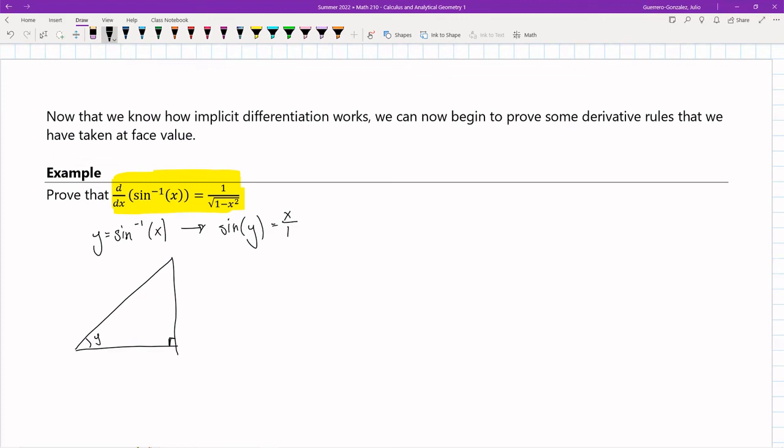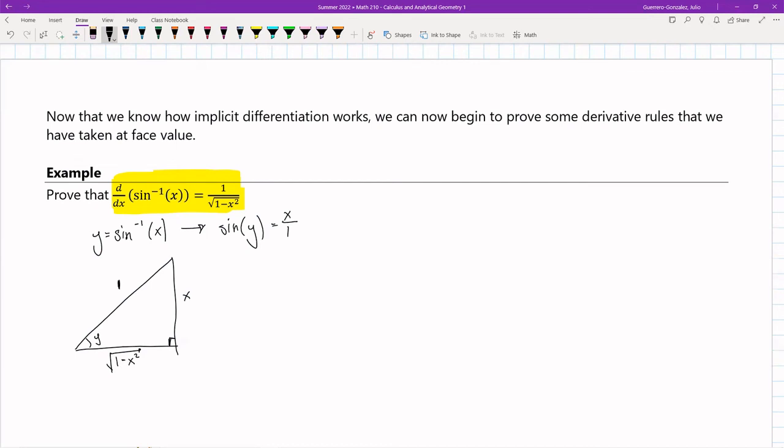Sine is opposite over hypotenuse, so this is going to be my x over 1. That's why I had to write it as x over 1. And if we use the Pythagorean theorem, we get this expression for the bottom bit, square root of 1 minus x squared. So we have our triangle now.